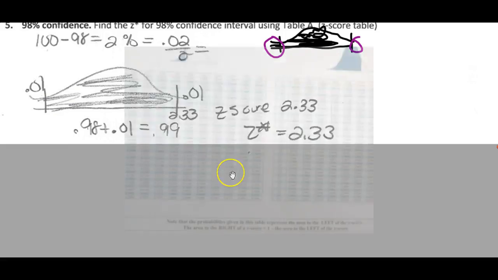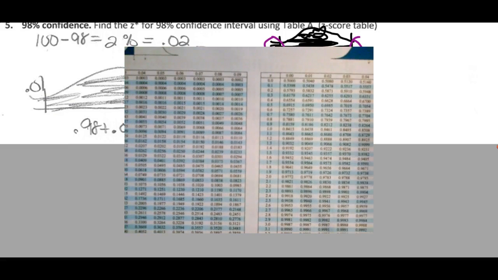Let me pull this up, make this go to full screen, see if I can't zoom it in a little bit better. So I'm looking for 0.99. 0.99 is closest to right here. So that's 2.33.